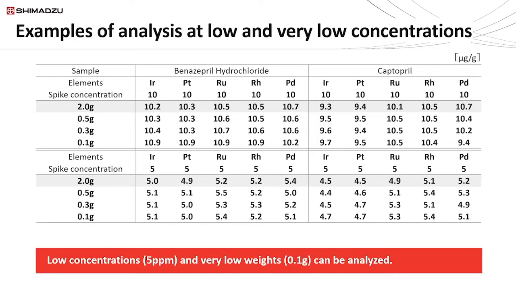These are examples of analysis at what we call low and very low concentrations. That's kind of a subjective term, but low and very low concentrations, where we basically took different sample volumes, but spiked with 10 ppm and 5 ppm standards into benazepril hydrochloride and captopril.